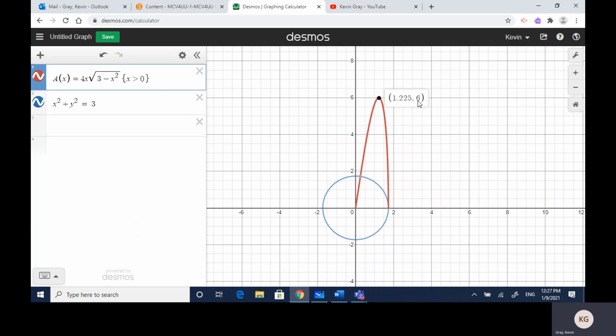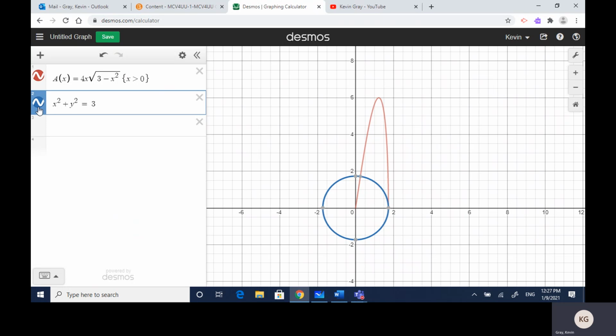The area is 6, right? That was root 6 times root 6, which is just 6. And that occurs at the point 1.25, and it would occur at that same point right about here on the circle. Okay, and that's sort of how you see that.